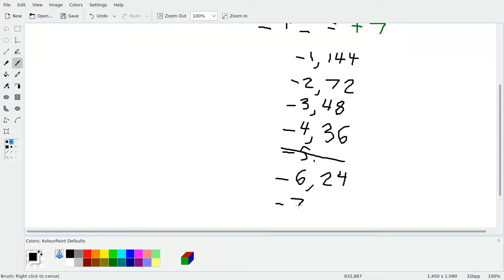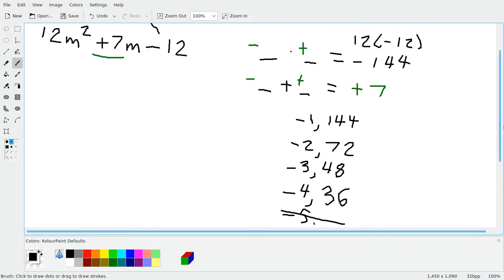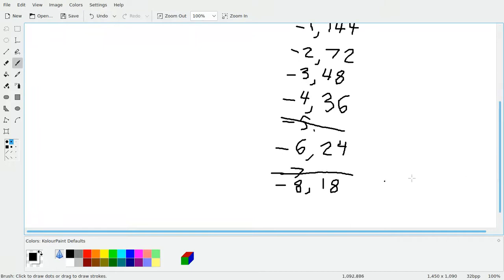Negative 144 divided by negative 7 is a decimal, you skip it. Negative 144 divided by negative 8 is equal to 18. So wait a moment, we were trying to find two numbers that add up to positive 7. We're pretty close. Negative 8 and 18 add up to positive 10.